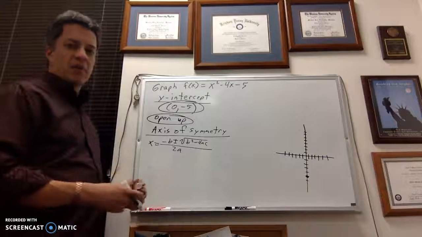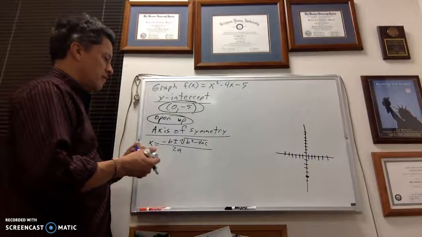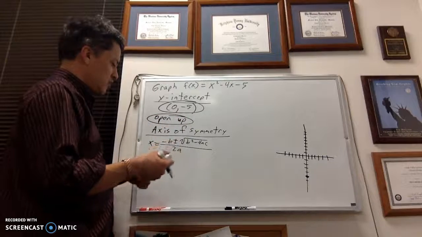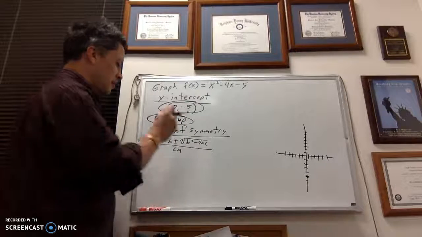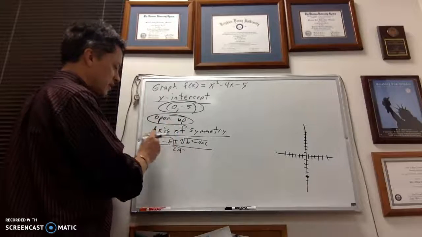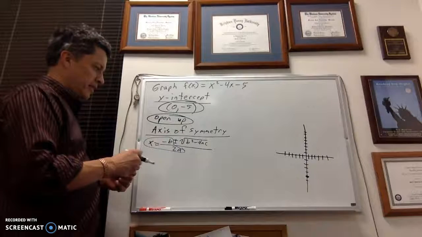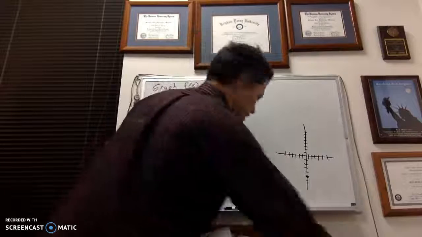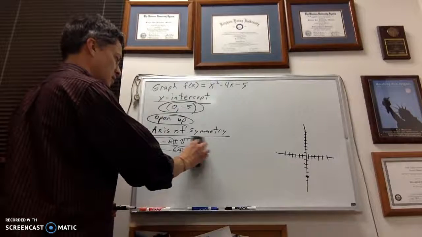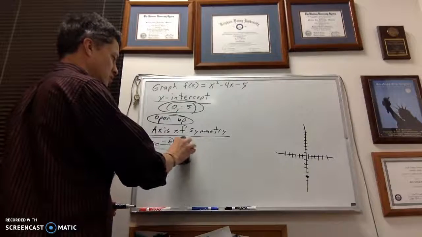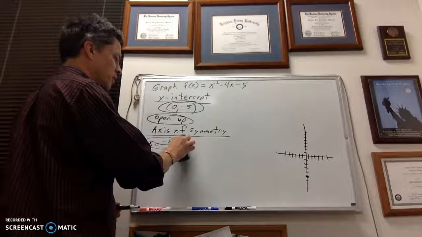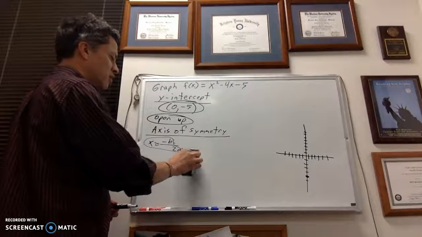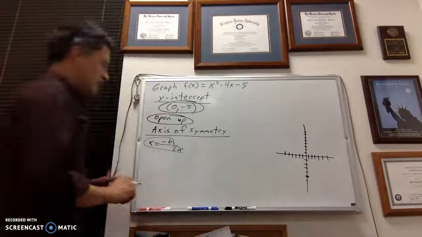If you want to memorize the x-coordinate of the vertex, or the axis of symmetry formula, vertex formula, whatever you want to call it, it's this piece right there. That's what I'm going to use. So let me erase the rest of this stuff. If you know the quadratic formula, and you know where to look for the vertex formula, it's pretty handy.